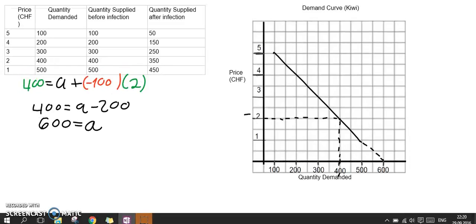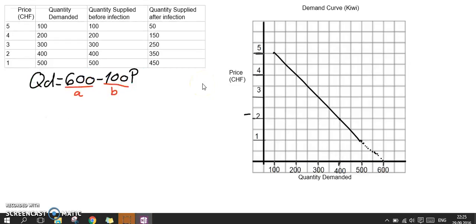Now we can move on to the p-intercept. The p-intercept is a point at which the quantity demanded is 0, and we can do that by simply having our equation here, what we figured out beforehand, and then simply putting 0 equals 600 minus 100 p.